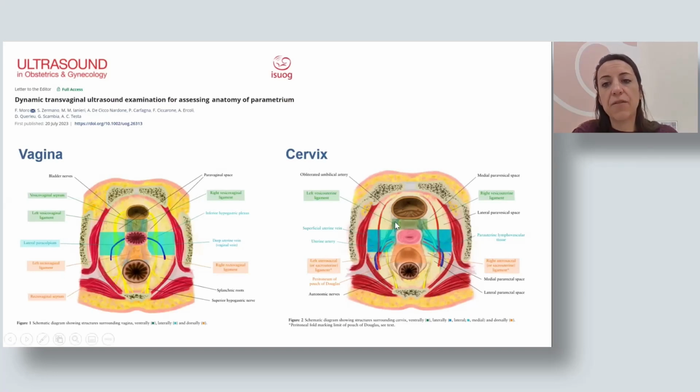At the level of the cervix, we can assess the right and left vesicouterine ligaments between bladder and cervix, corresponding to the anterior parametrium. We can also assess the structure between cervix and pelvic side wall, corresponding to the lateral parametrium, and posteriorly, we can assess the ligaments between cervix and rectum.